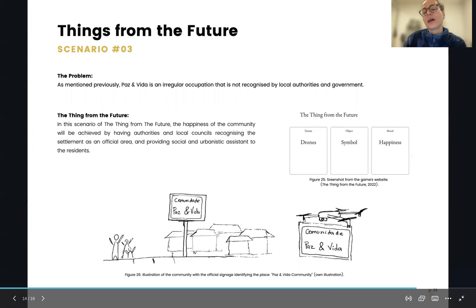So I imagine drones working with signs and officializing the area as the community, which is already there, it already exists. So this would be a symbol of ownership of the land and of having their homes, and it would be a sign of happiness as well.